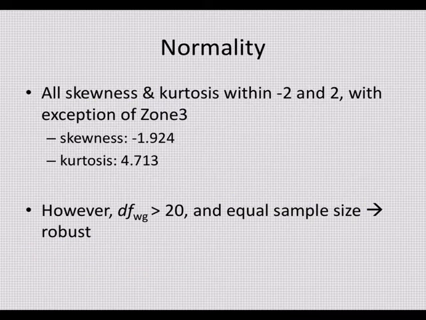So in terms of that assumption analysis, we looked at normality, and all of the skewness and kurtosis values were within -2 and 2, with the exception of the zone 3 cell. So zone is the dressing, 3 is the 3 hour. There are 10 different cells because there are 2 levels in one variable and 5 levels in the other. And the zone 3 cell had a larger skewness and larger kurtosis.